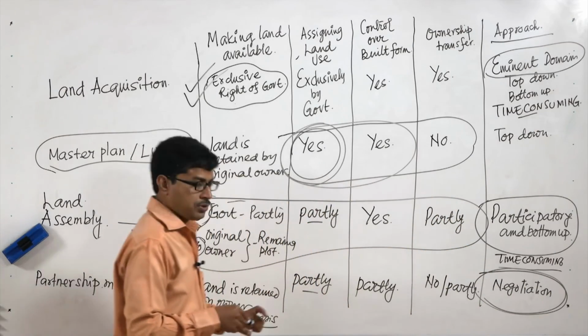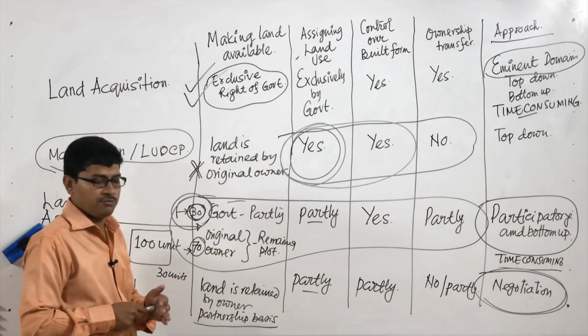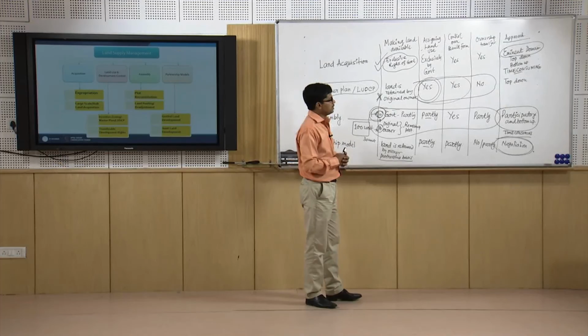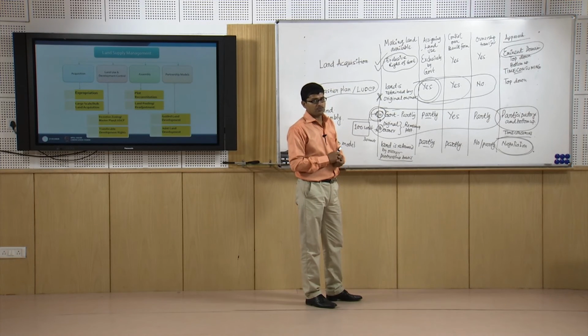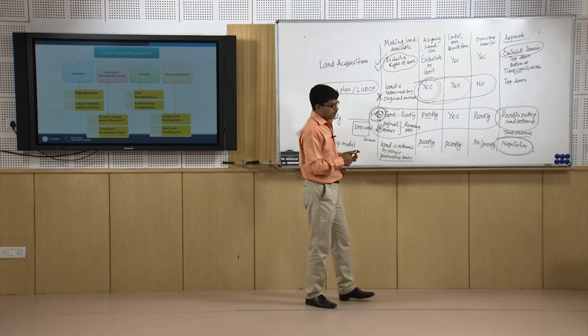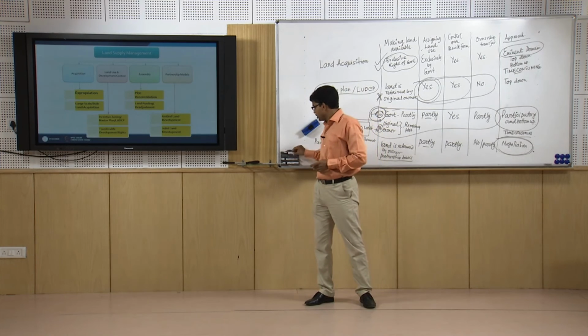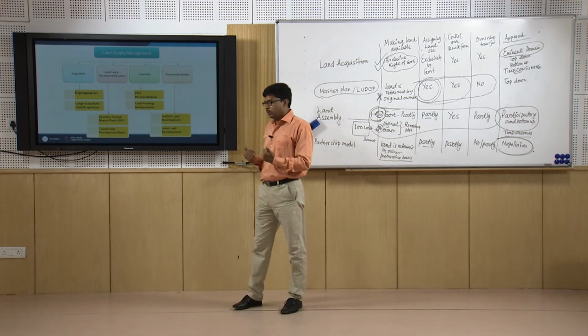You do not have to bother about the acquisition or control or anything. It depends on the negotiation and the quality of the negotiation and the context for the success of the project. So, these 4 approaches are available for land assembly. Based on the 4 approaches, we can use any of them based on our convenience or the context.